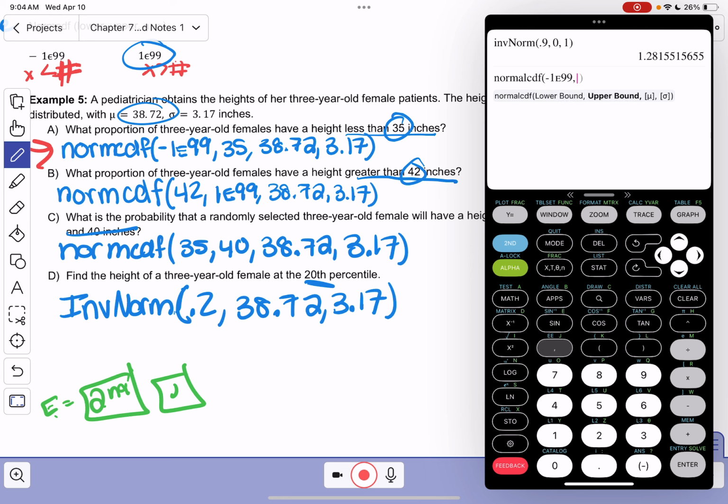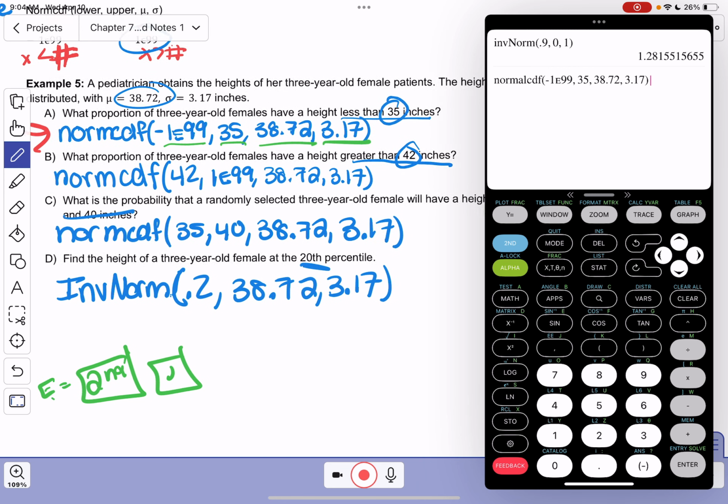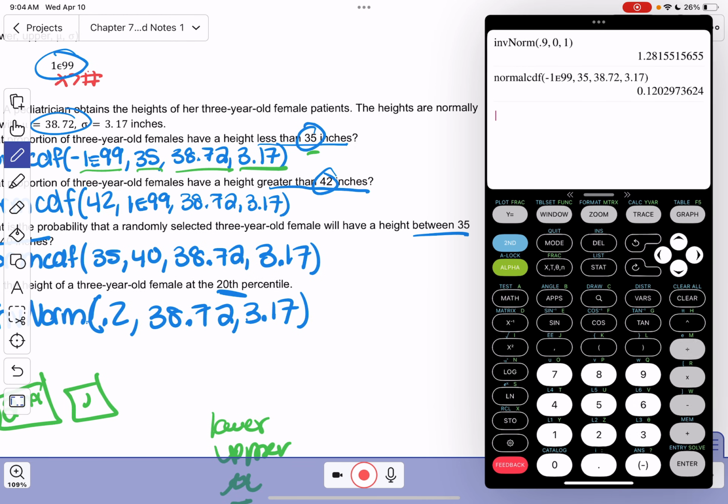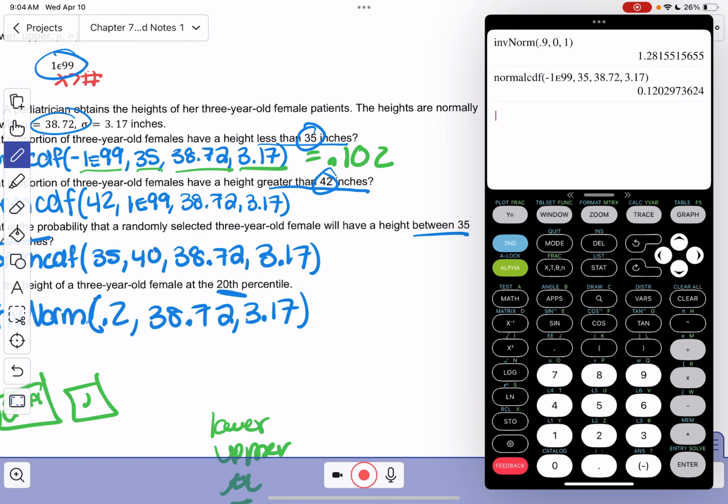And then you do the comma, type 35, comma, 38.72, comma 3.17. If your calculator lists it like this, that's how you do it with your commas. Otherwise, your screen might actually say lower, upper, mean, and standard deviation, and you just type them in there. Then we hit enter, and we get 0.1203.